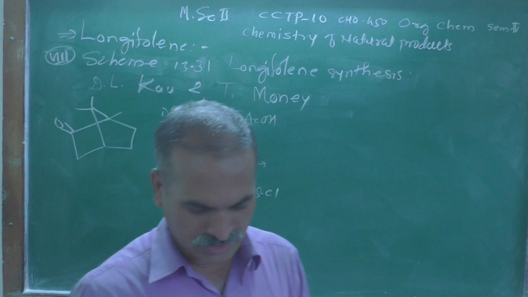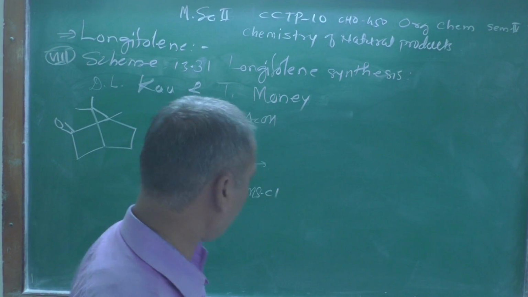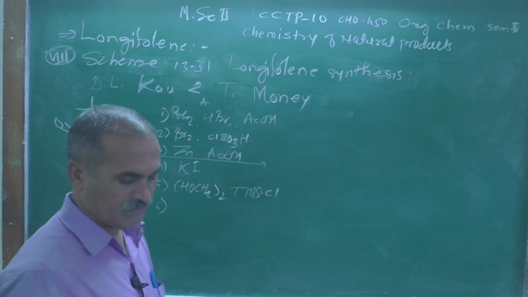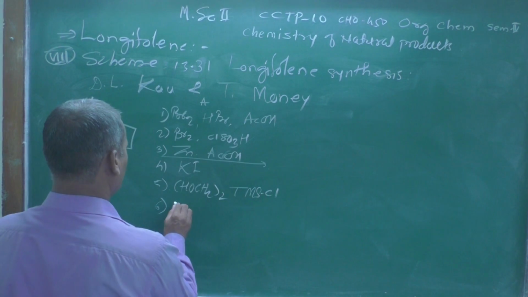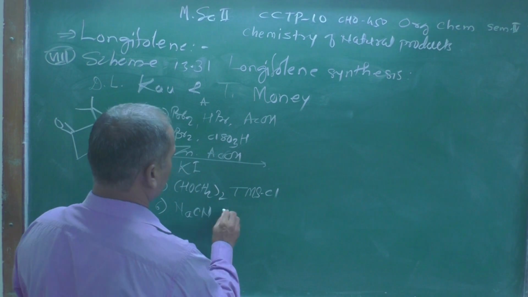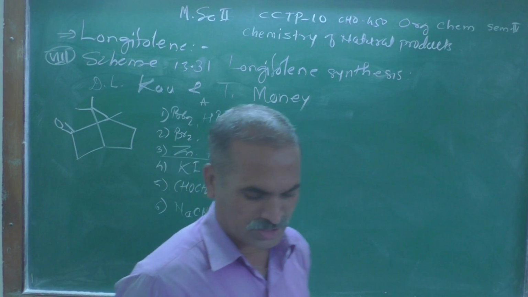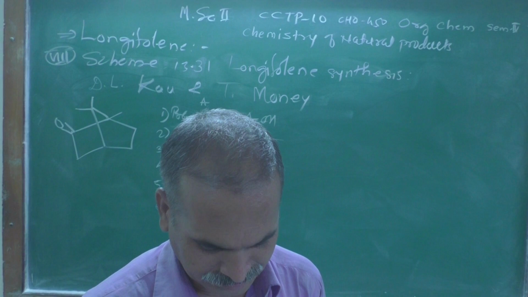Finally, the sixth reagent is NaCN, sodium cyanide, in the presence of DMSO, dimethyl sulfoxide, used as a solvent.